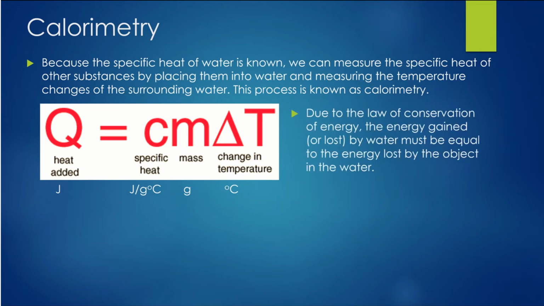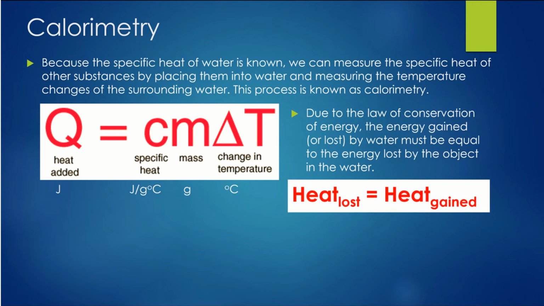So again, the idea is energy is never created nor destroyed. So the amount of energy that is lost by whatever you're placing into the water must be the same as the amount of energy gained by the water. And we have a formula there. Heat lost is equal to heat gained.